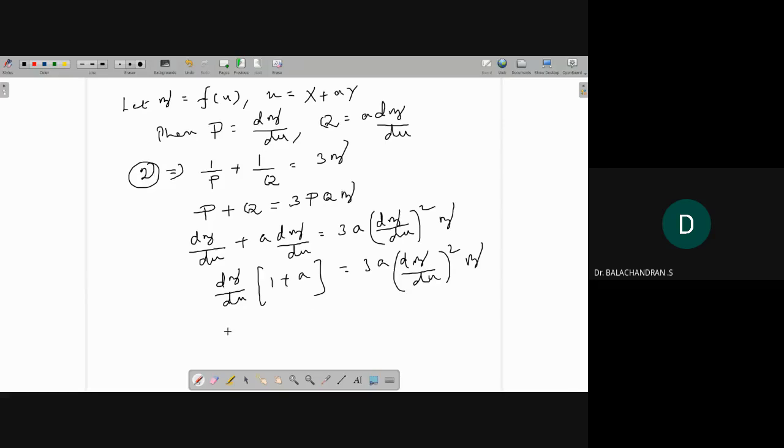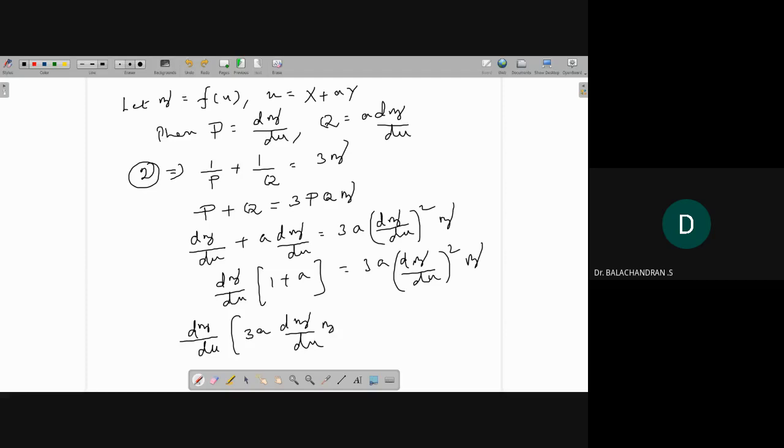So take from these two, and taking dz by du commonly, remaining you have 3a z into dz by du minus, sorry, I missed one z.